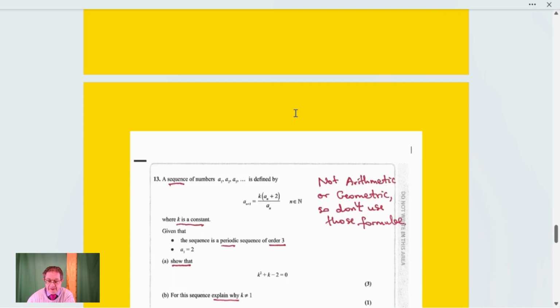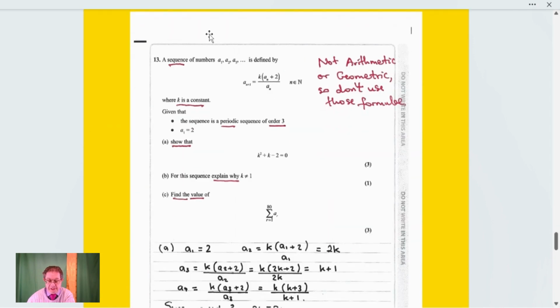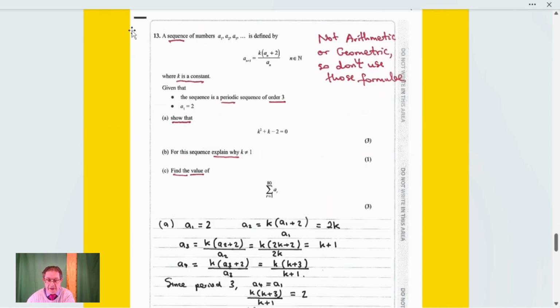Okay, question 13. This is on sequences. We are given a sequence of numbers defined by a recurrence relation, or by iteration. A of n plus 1 equals k times an plus 2 over an, where k is a constant.